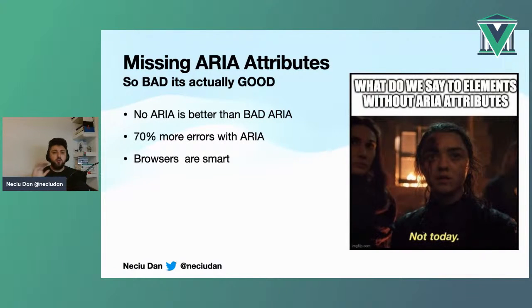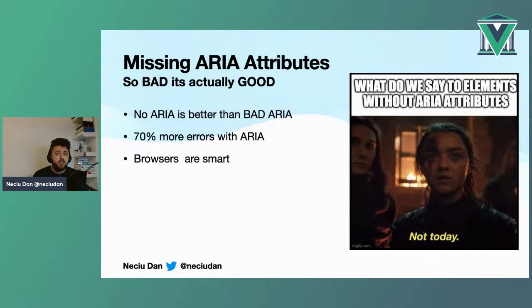So all through the talk, I've been talking about ARIA attributes and how to add them, and usually they are like the solution to all our problems. But believe it or not, no ARIA is actually better than bad ARIA. The reason for this is the WebAIM Million report found that homepages with ARIA present have 70% more errors than those without.